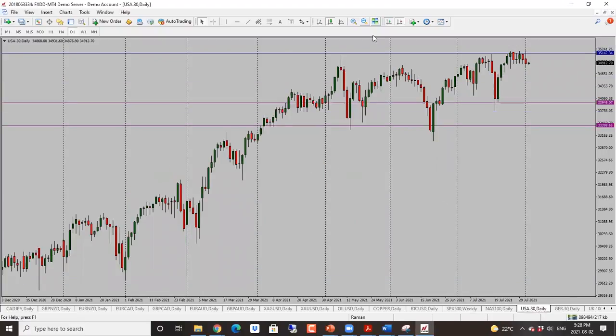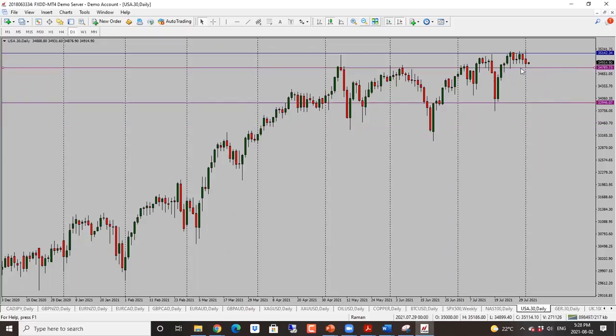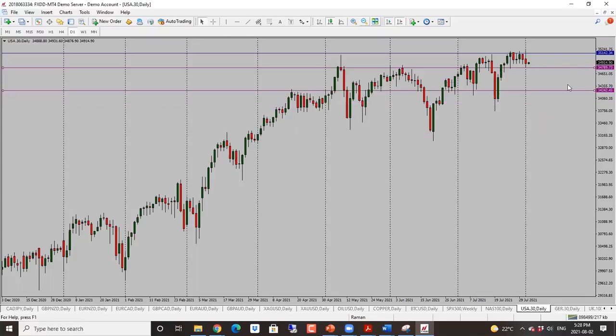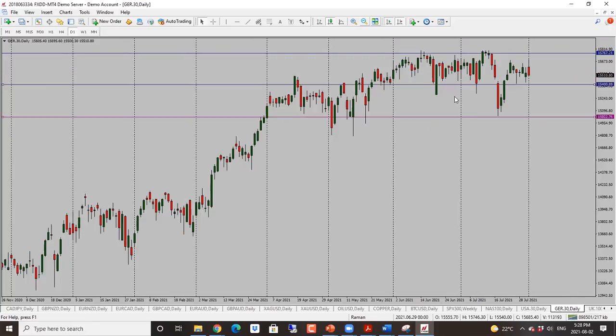And then Dow Jones here, this one also looking bearish. As we can see, price is struggling here. So looking for price to drop further. So bearish bias, watch out for support. It's right into that support, so we need to get through that first. And then next target is 34,680. So bearish bias for Dow Jones.